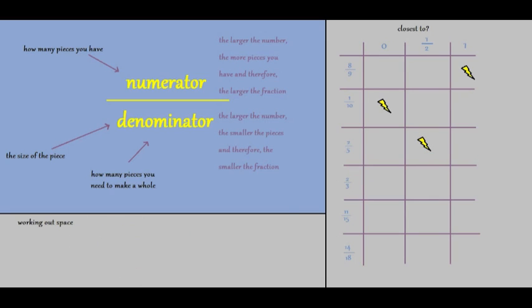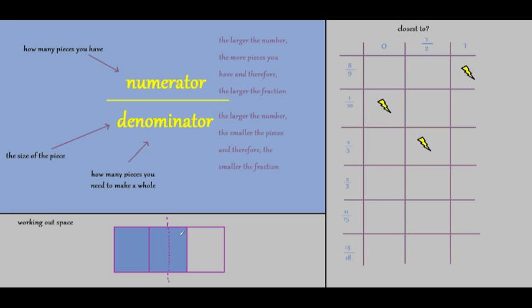Let's have a look at 2/3 now. Again, it's a tricky one. Here's a diagram of one whole rectangle that's been split up into thirds, and we'll colour in 2 of those to represent 2/3. And what I'll do is I'll mark in roughly where halfway should be.